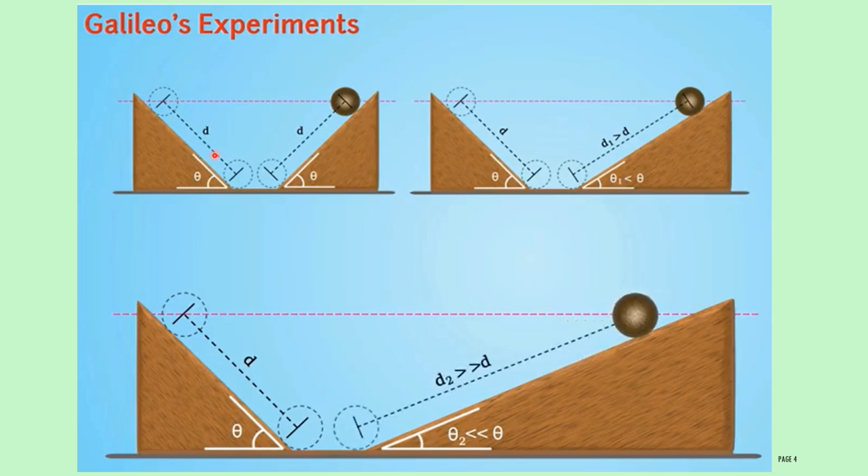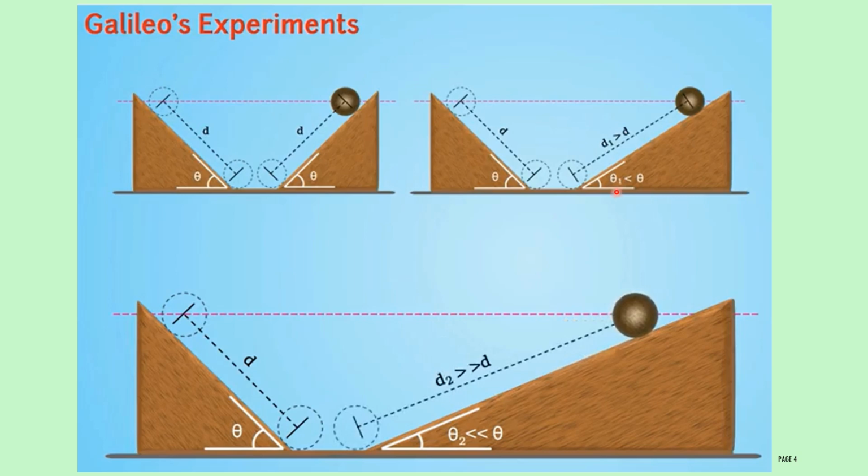Galileo's experiment: consider two inclined planes. If the angle theta of the two inclined planes is the same, then the ball covers equal distance to reach an equal height. Consider the first case.